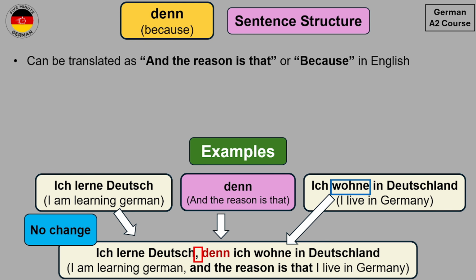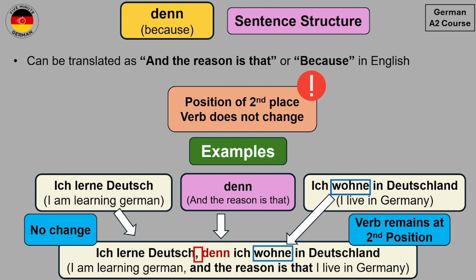And we also have the comma between the two sentences. However, in the second sentence, we see that the verb remains at second position and it does not go to the last position as we saw earlier with weil. So this is an important rule that you have to keep in mind, that whenever you use denn to connect two sentences, the position of second place verb does not change.